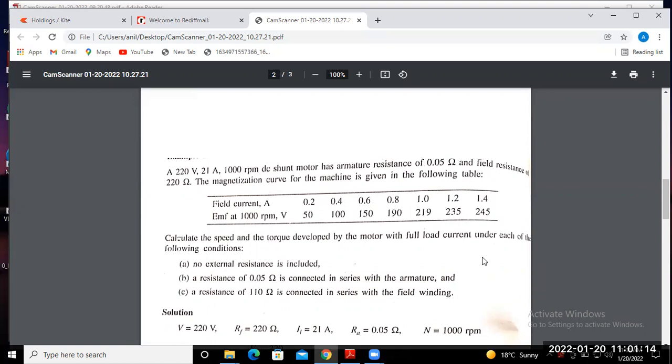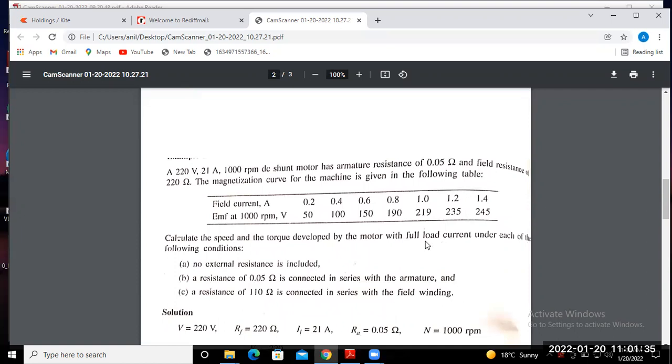Okay, so the input current is nothing but the summation of field current plus armature current. That means If plus Ia equals 21 ampere.